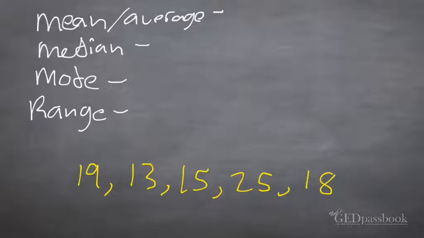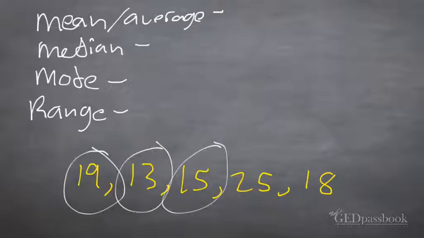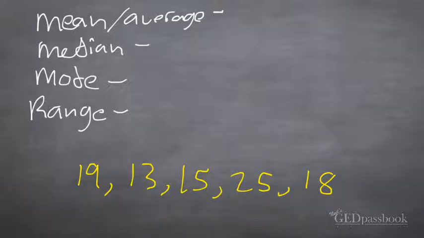So for instance, in this case, we have 1, 2, 3, 4, 5, right? A total of 5 numbers. So all you got to do is add all of these up. If you do this on the side on a piece of paper, what you end up getting is 90.